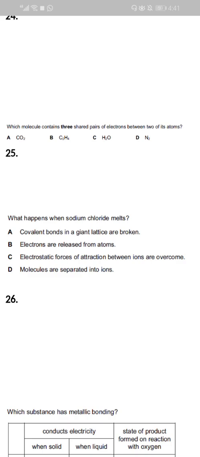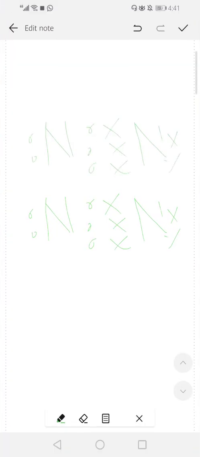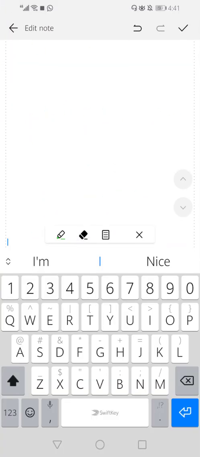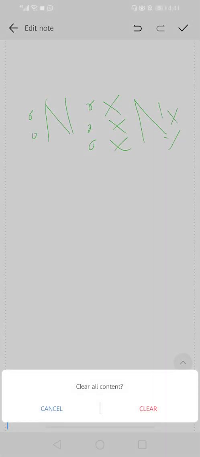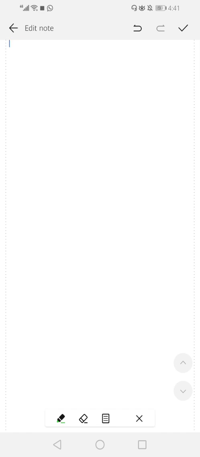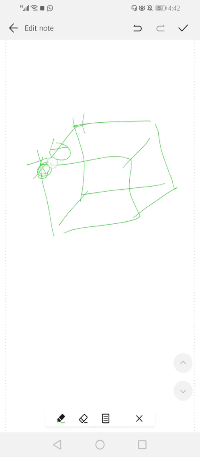Basically, whenever an ionic compound is heated, remember that an ionic compound has a giant crystal lattice structure. In the crystal lattice structure of sodium chloride, a positive ion and a negative ion have a strong electrostatic force of attraction.